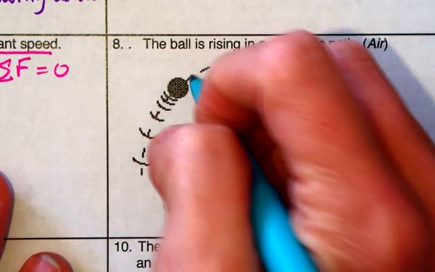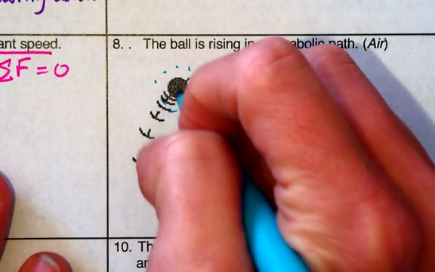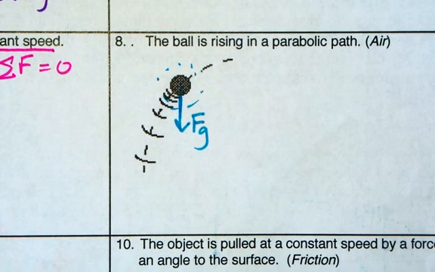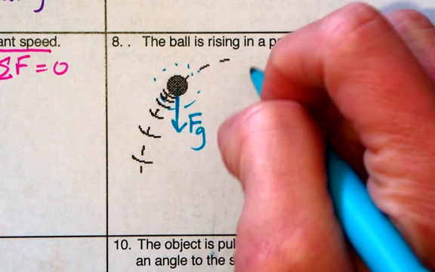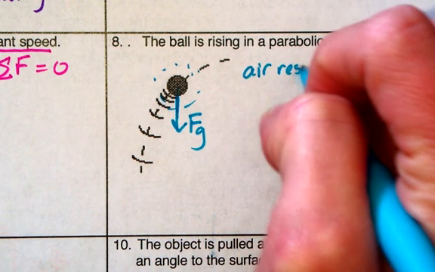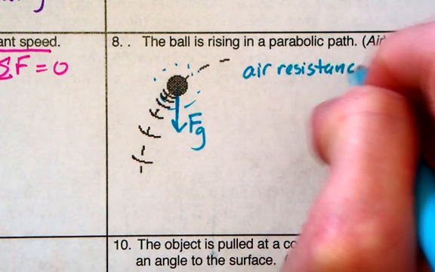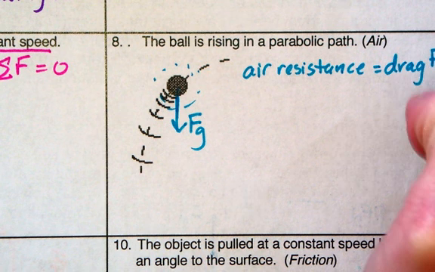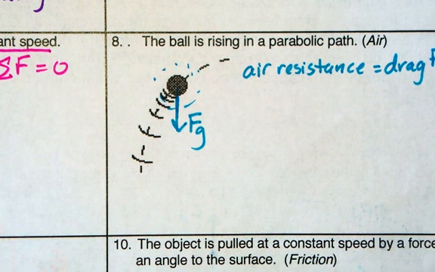The force due to gravity. How would we draw it? It's called a drag force. So air resistance is a drag force. How would we draw that on here?